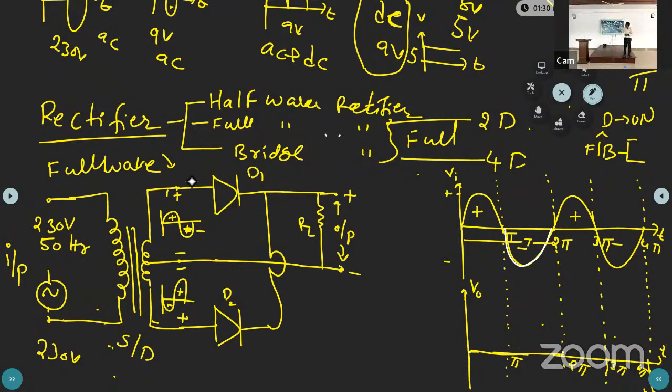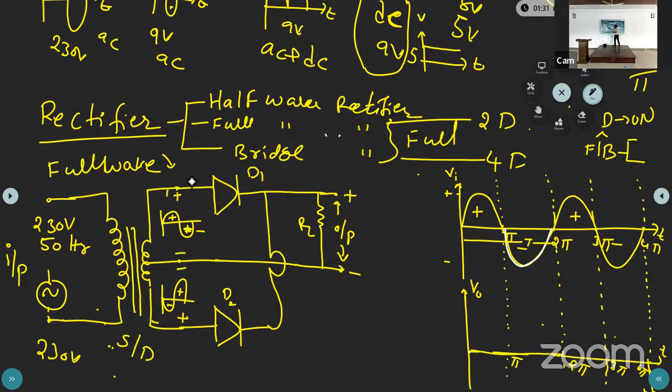For this also, we are applying the same 230 volts input and 50 hertz frequency, and we have the center tap transformer. This is also step down. So here plus minus and here minus plus, reverse. That is clear, between the 2 wires. For this we are connecting the D1 diode and D2 diode.